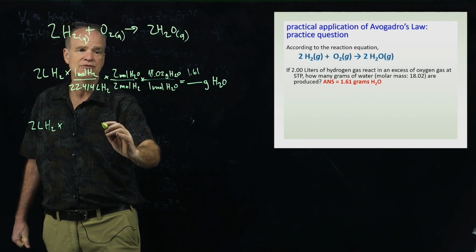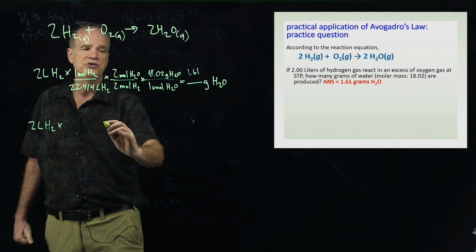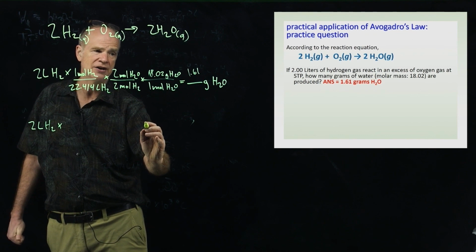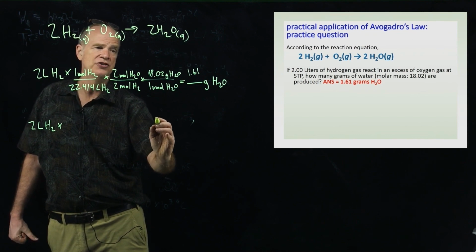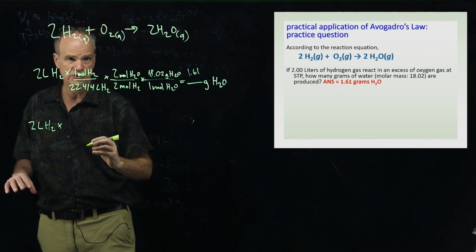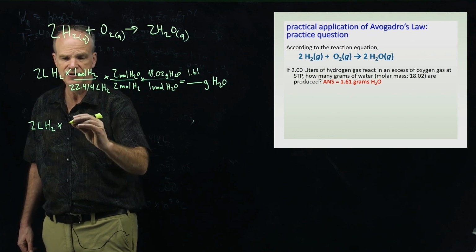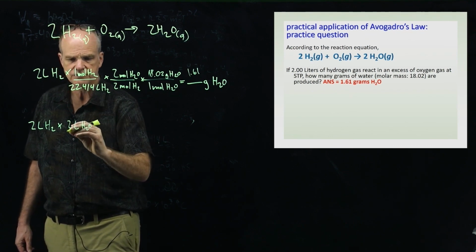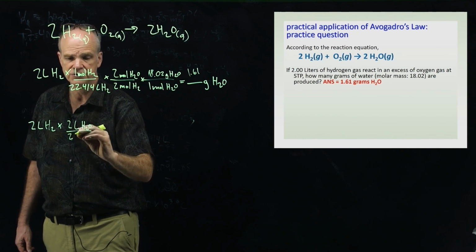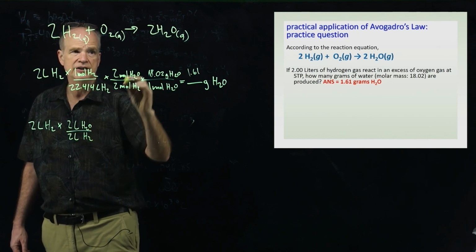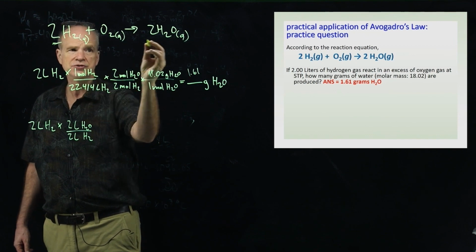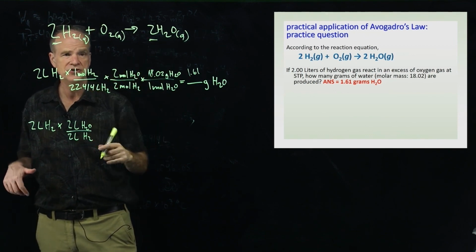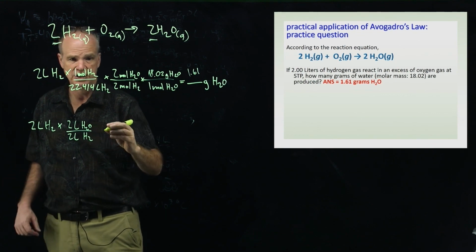Then from the liters of water, using the molar volume because you're at STP, you figure out the moles of water, and then from moles of water, using the molar mass, you get the grams of water. Really quickly, it would be like this. It would be 2 liters of water over 2 liters of hydrogen. Again, the ratio here is 2 to 2. So again, these coefficients here not only apply to moles, but to volumes.